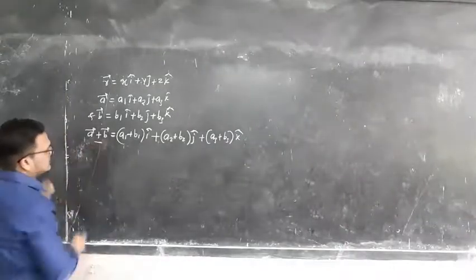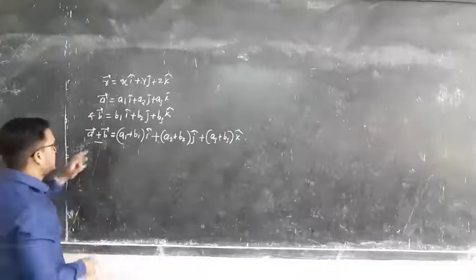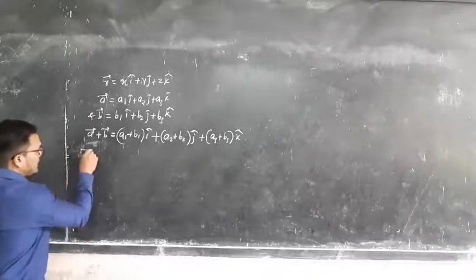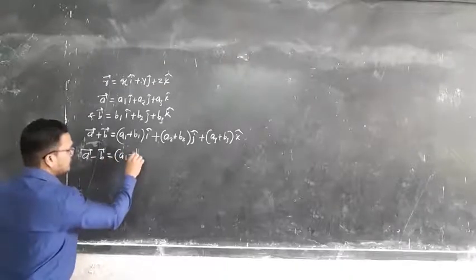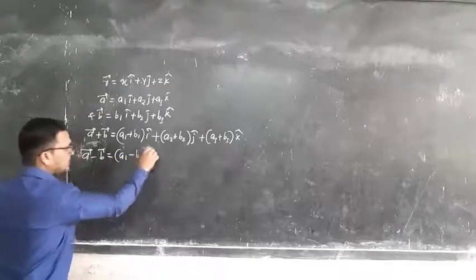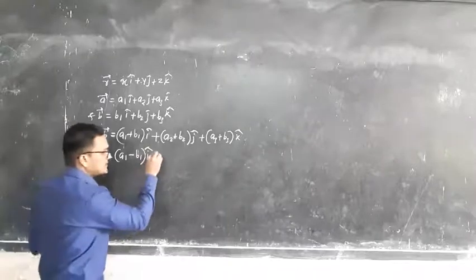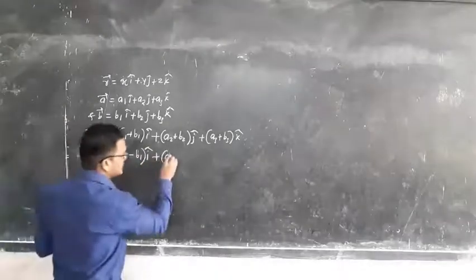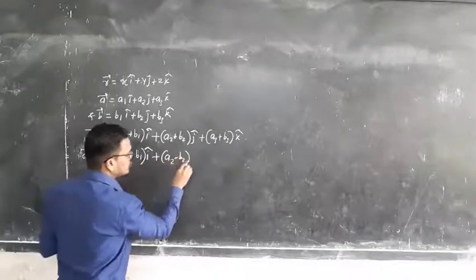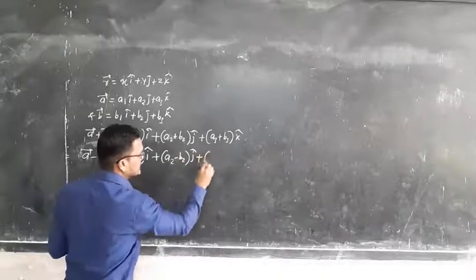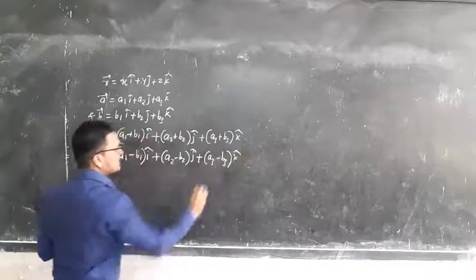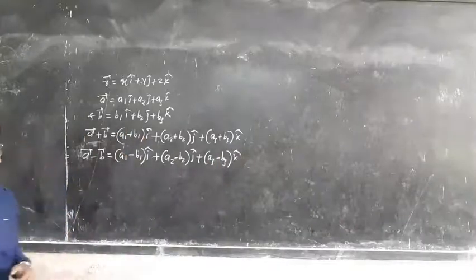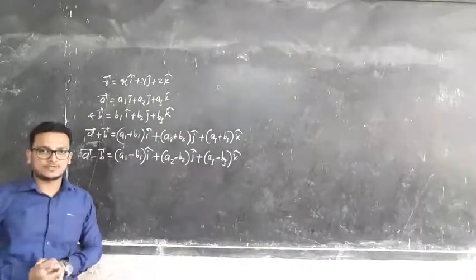Similarly the subtraction. So a minus b is equal to a1 minus b1 into i, but in between the sign is plus here, next a2 minus b2 into j plus a3 minus b3 into k. So this is the subtraction of two component forms.